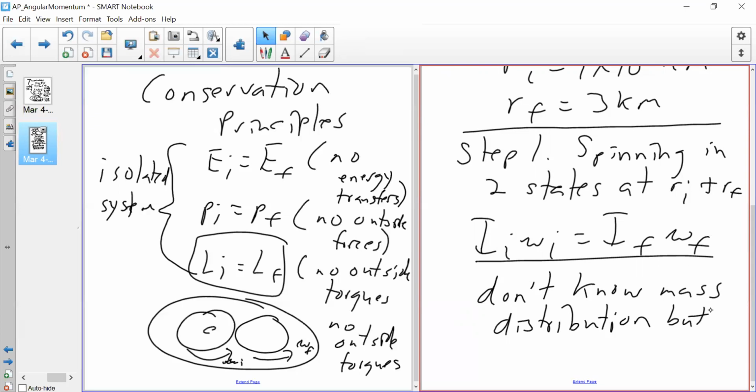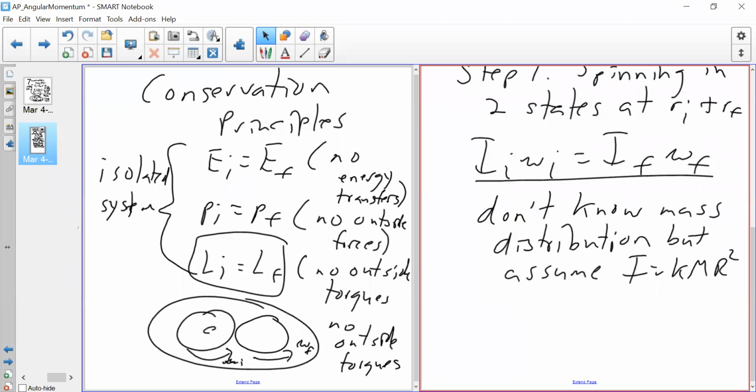Usually you'll be given the shape. It's a cylinder, a sphere, so you know what moment of inertia to put there. And this kmr squared is going to go for the beginning and the end, so for the initial radius and the final radius. So again, using this formula here, we'll just put in our terms.